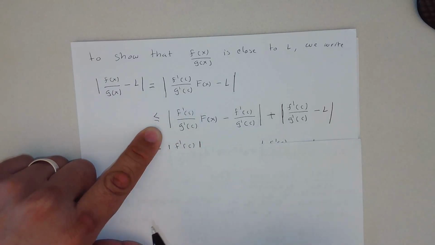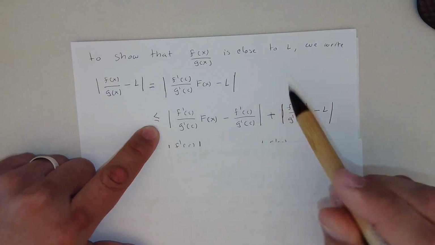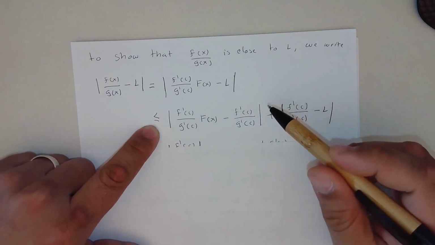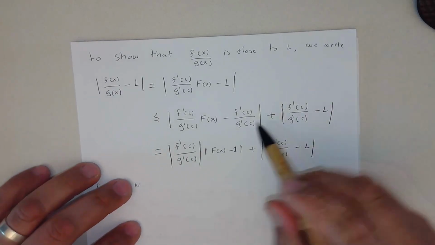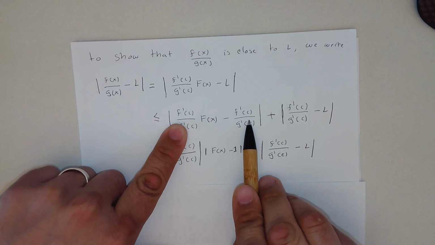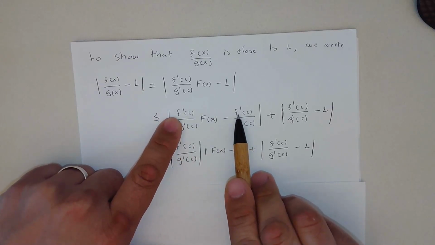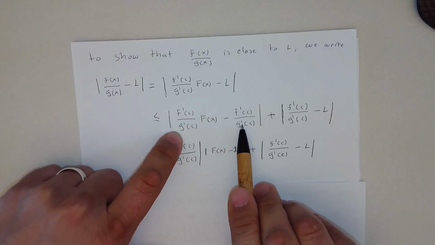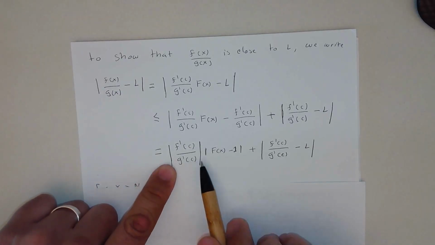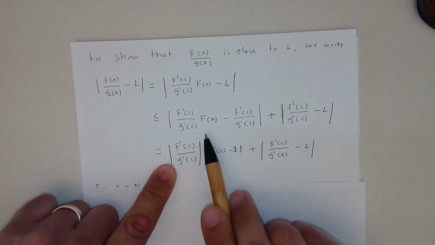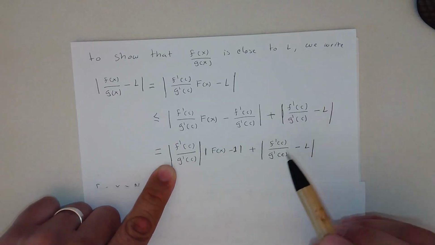This is not equality anymore, it is inequality, and this is because of the triangle inequality property, okay? So then after we have this, we see that in both terms we have the derivative of f evaluated in C over the derivative of g evaluated in C in both sides. So we can put it at front, and we will have F of x, this is the F capital, minus 1 plus exactly the same term that we have here.